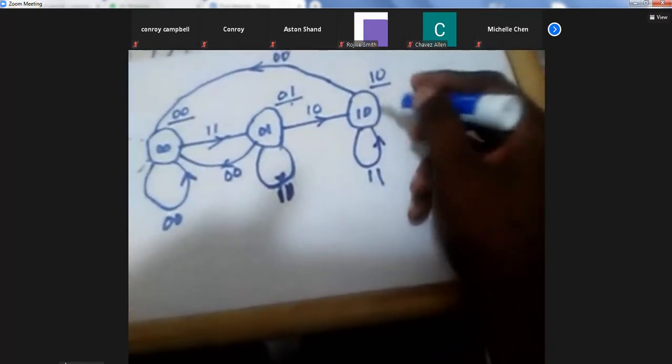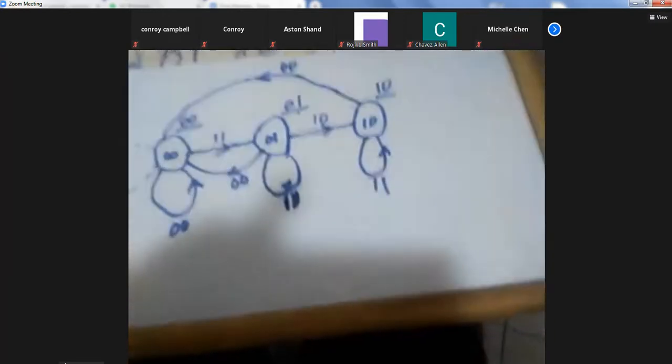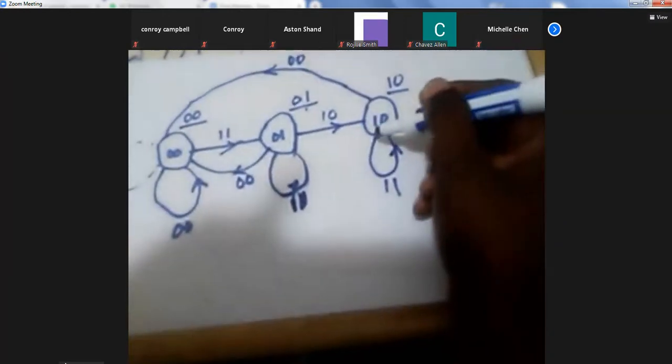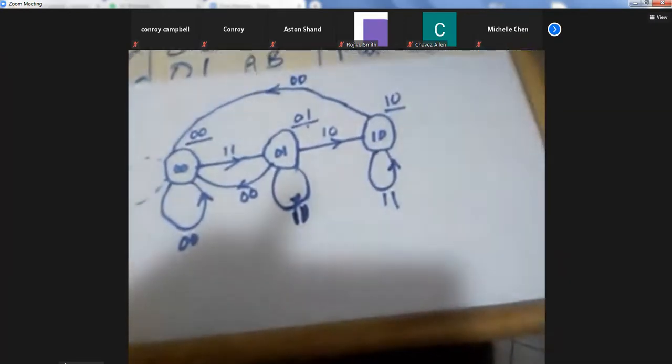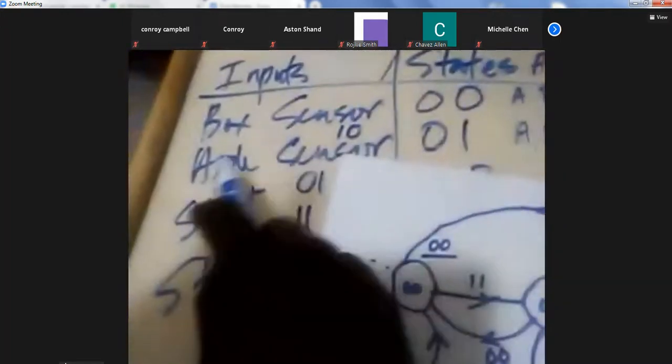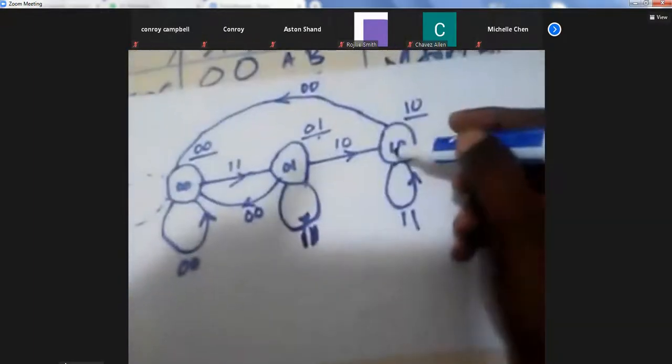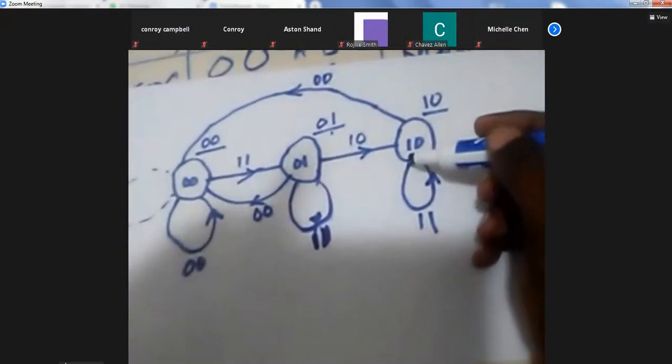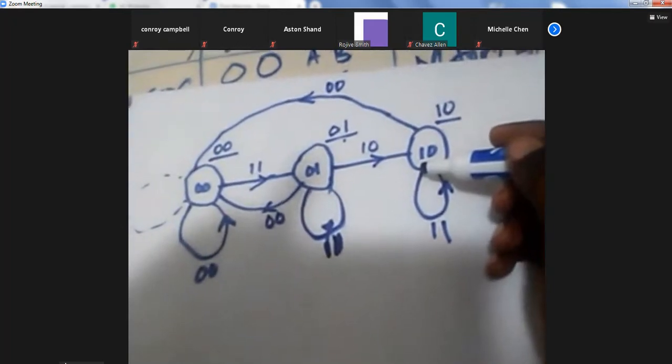The Apple motor is running and the Apple sensor says we count 5. So we finish counting the 5. So the Apple sensor now says finish counting the 5. What are you going to do? So go back to the box sensor.